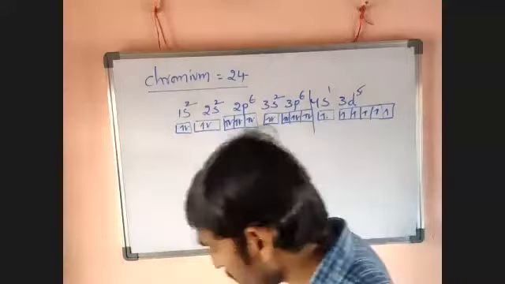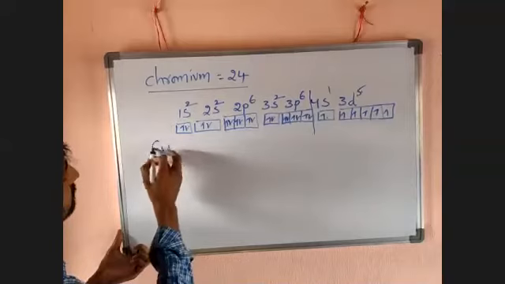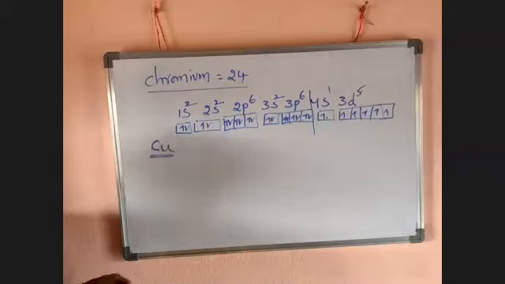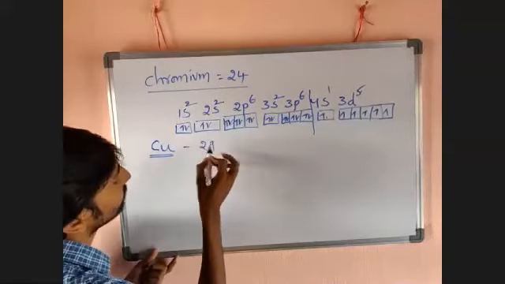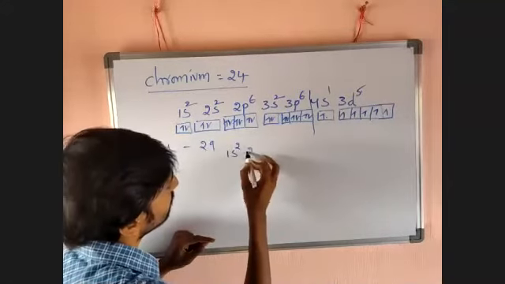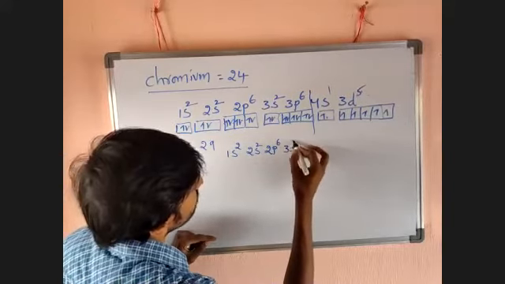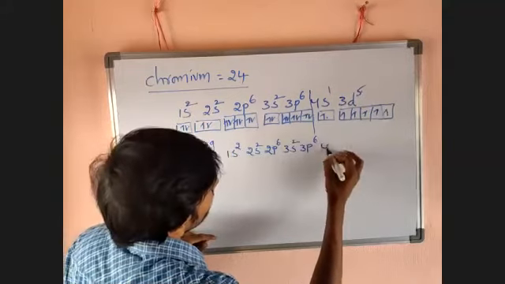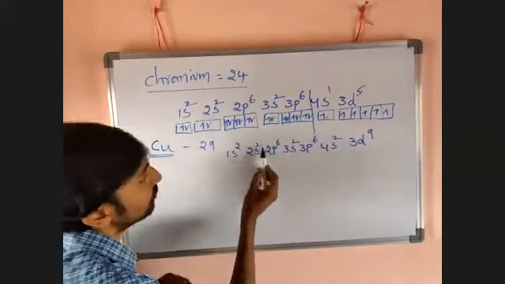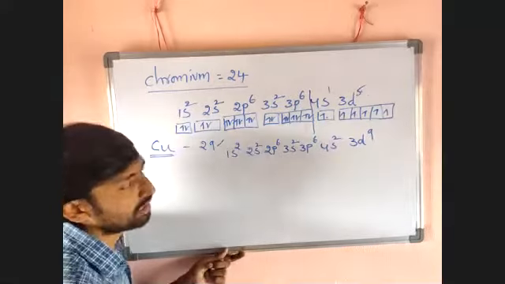Next one, copper, we have to consider. The atomic number of copper is 29. The electronic configuration we thought is 1s2, 2s2, 2p6, 3s2, 3p6, 4s2, 3d9, because 2, 4, 10, 12, 18, 20, 29. 29 electrons are there.